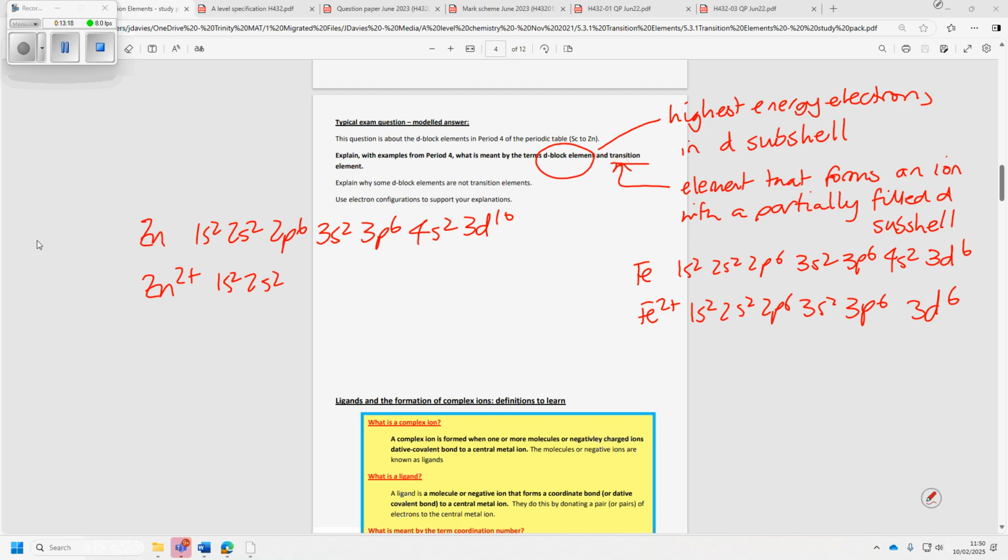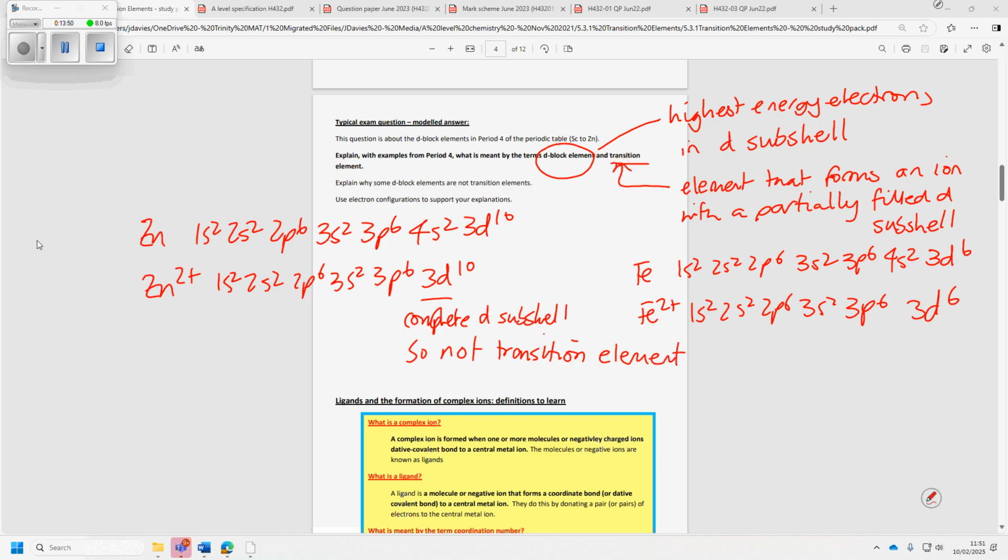And as we know, the electrons that we need to lose are the electrons from the 4s subshell. So zinc is not a transition element because it has a complete D subshell. We've used electronic configuration to show why it is not a transition element.